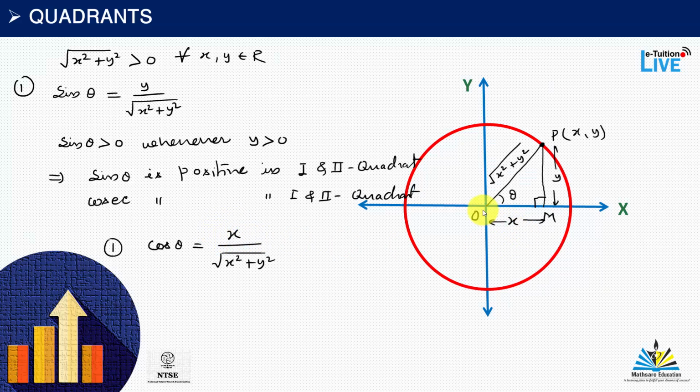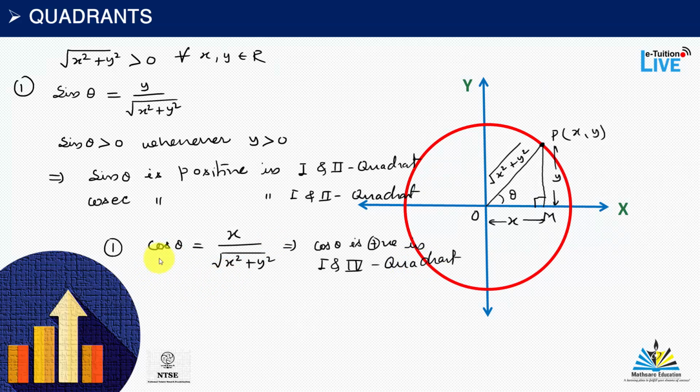Positive x is this side, hence cos theta is positive in the first and fourth quadrants.